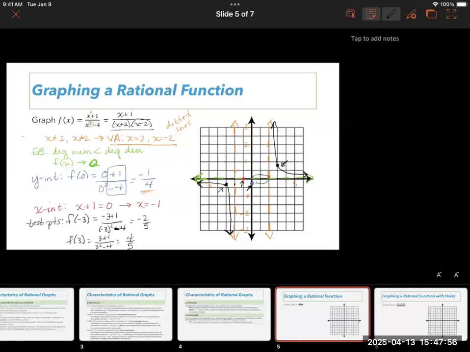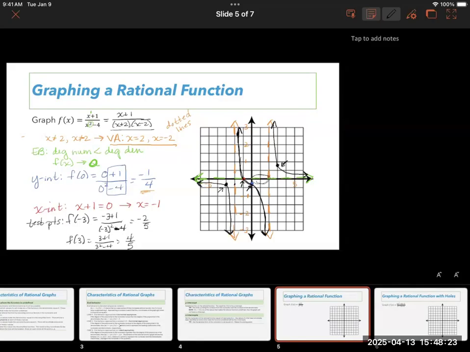And so that pretty much tells us, without even needing any other points, that this is going to be more of a shelf shape to fit in between those two asymptotes. Because if it was a U shape, I would have to have another x-intercept for the U to cross back through.